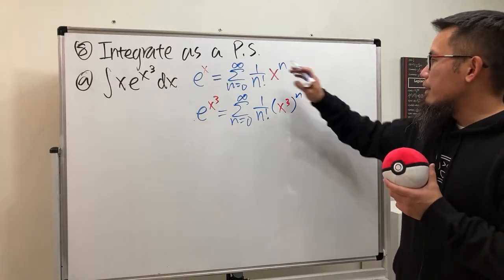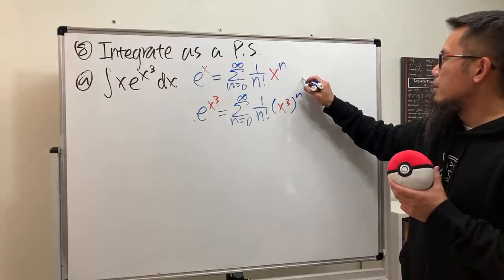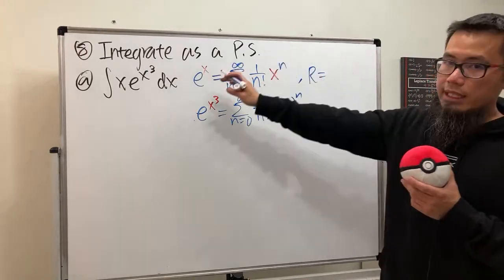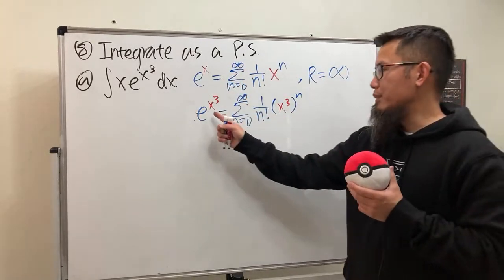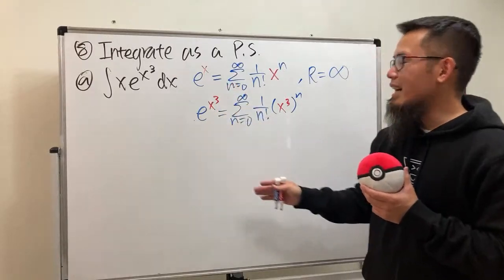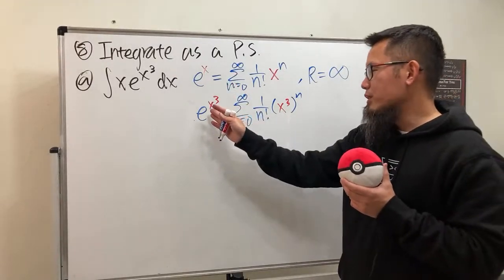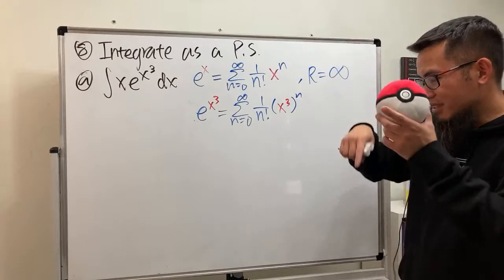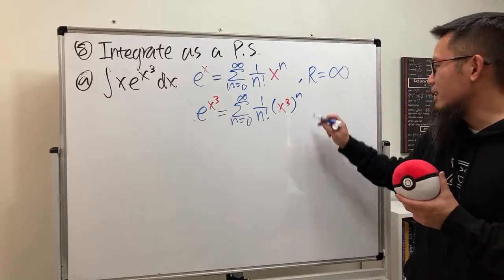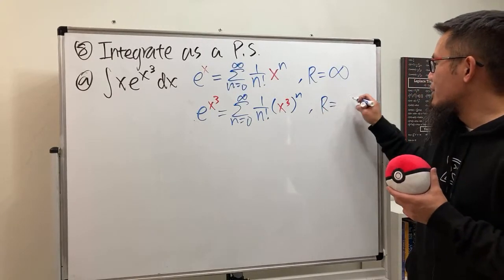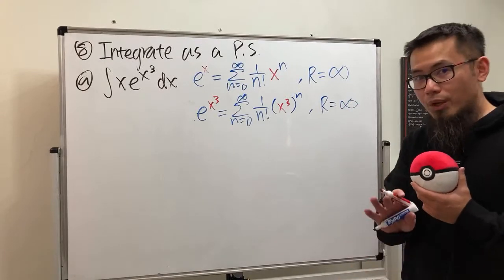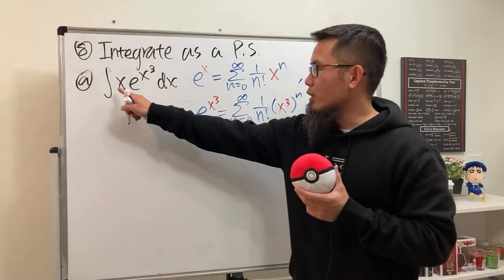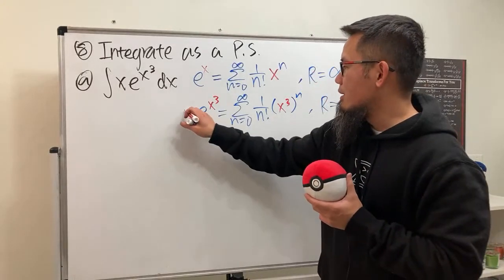Okay? And remember, the radius of convergence for e to the x is just infinity. That's nice because if you put a cube inside of the inequality and then do a cube root and things like that, whatever you do, you'll still get R is equal to infinity. But wait, we're not done yet. There's one more thing right here, the x.